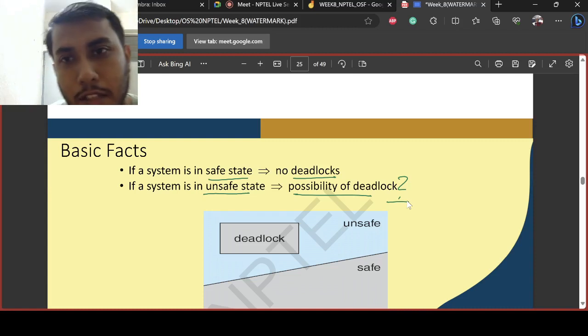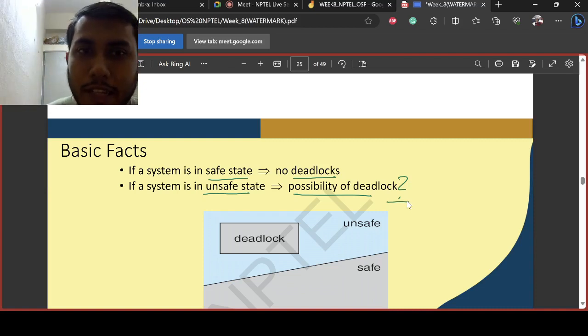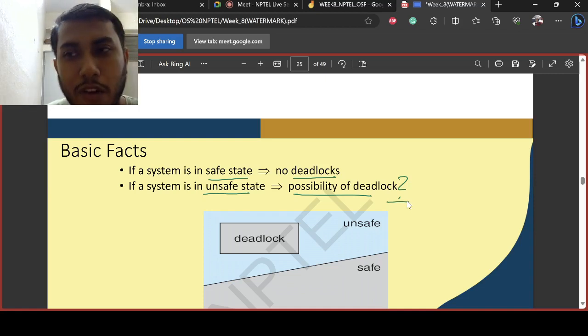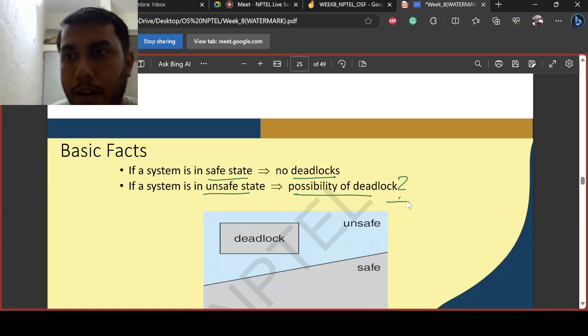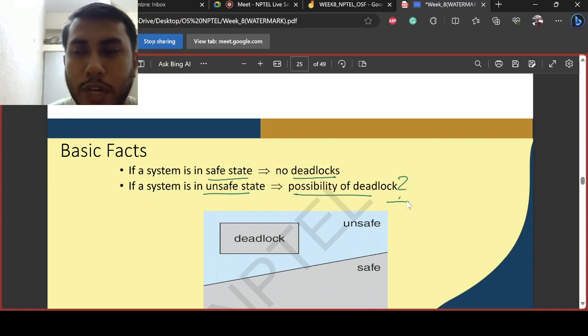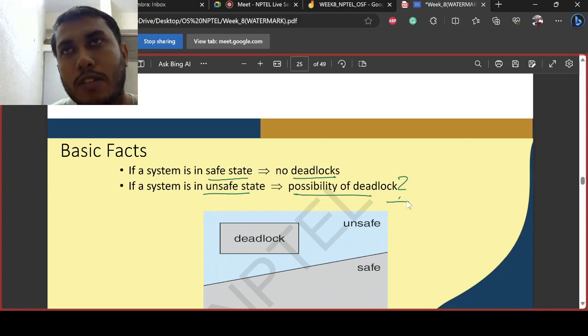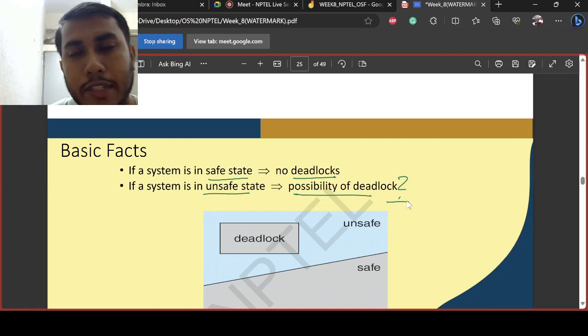Remember, this is why the question mark happens: if there is an unsafe state, then there is a possibility of deadlock. The problem is, here you need to know what the types of resources are and how many resources are required a priori. The operating system needs to know a priori what resources each process requires and what kind of resources it requires.